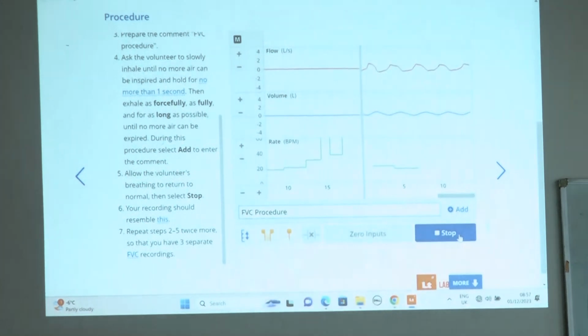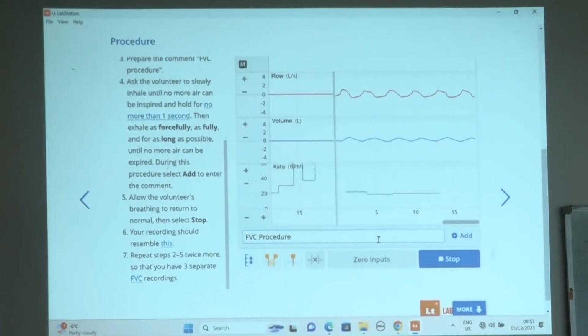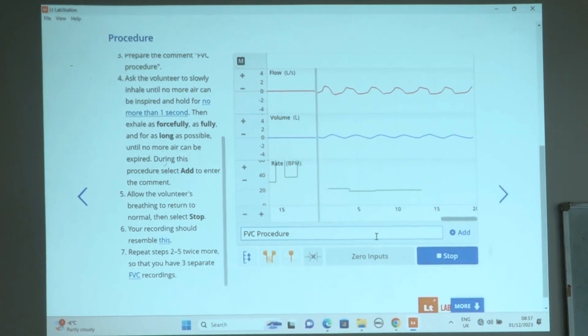Right, so start breathing. Ten seconds, 15 seconds, 20 seconds.